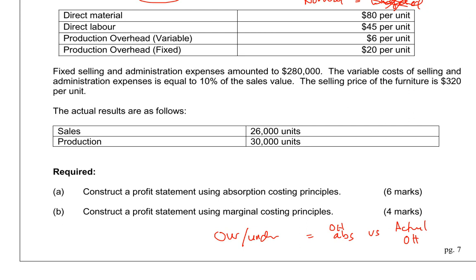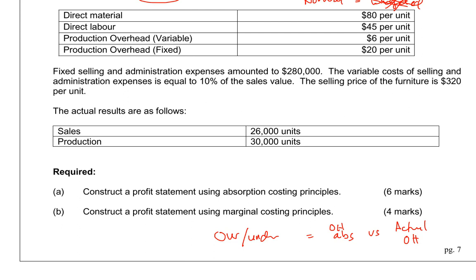So what will be my next month marginal costing profit and absorption costing profit? So we are talking about next month. Do you think I'm planning for next month, do I have actual overhead? I will never have actual overhead, but I need to have over under absorb.